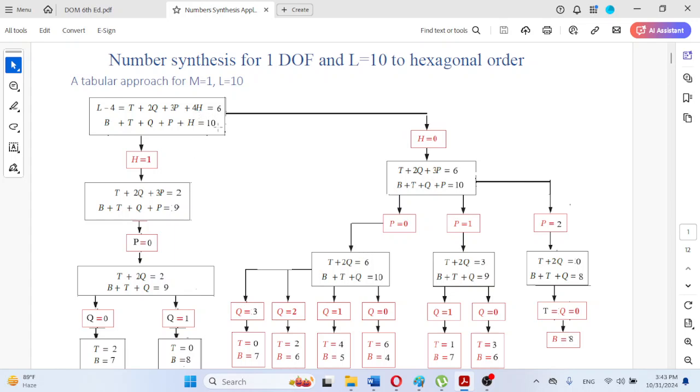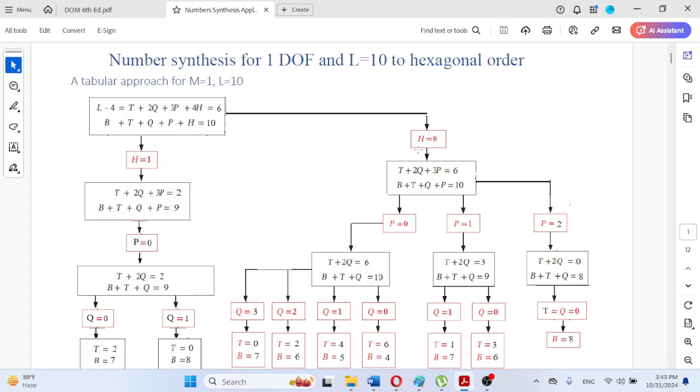So for every synthesis process we will start from the highest order links, up to hexagonal, and from its lowest count. Its lowest counts are h equal to 0 and h equal to 1.